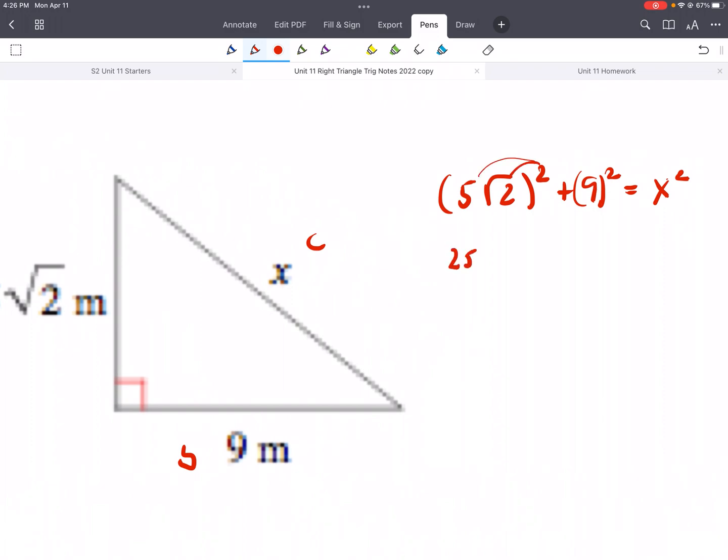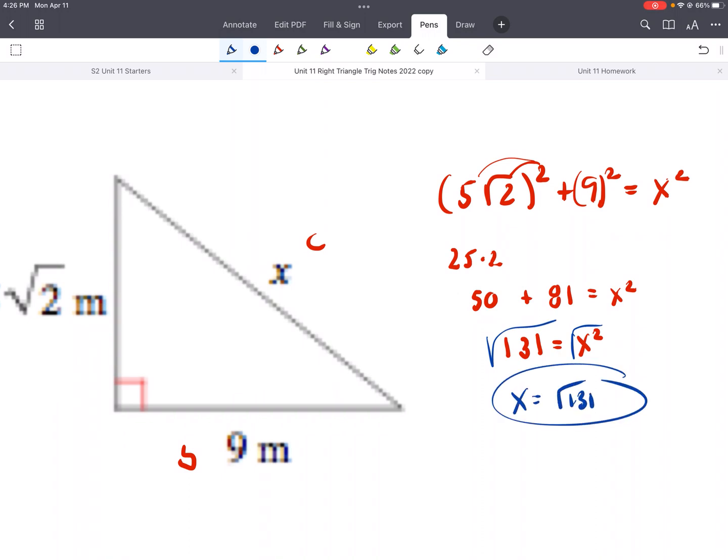So we're squaring the square root of 2, which is 2, so that's just 50, plus 81 equals x squared, and that gives you 131. Square root both sides, and you get x equals the square root of 131. Hoping I'm getting this right, okay?